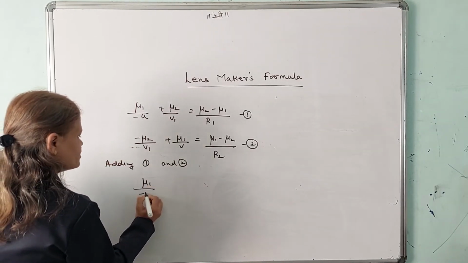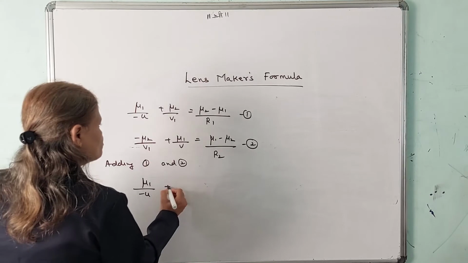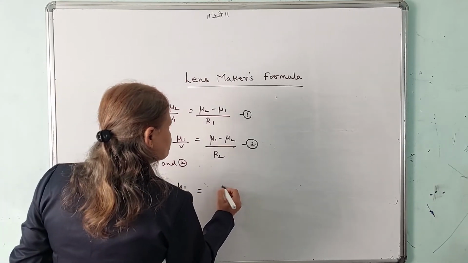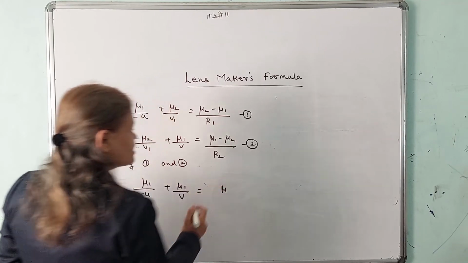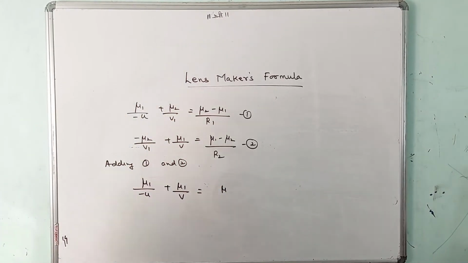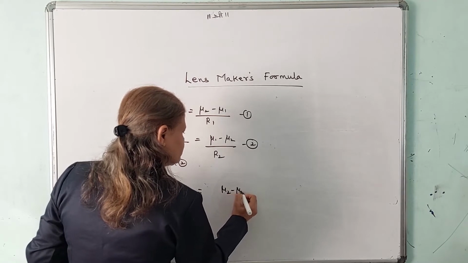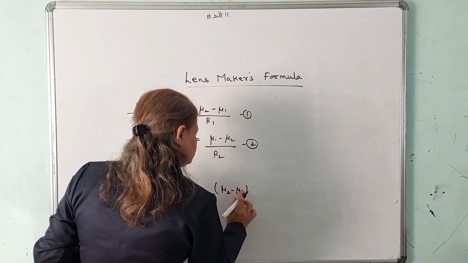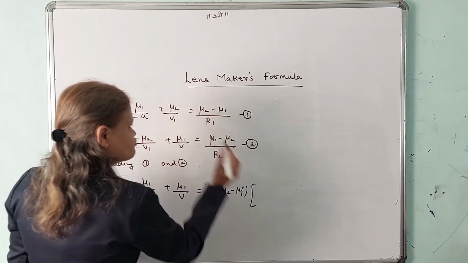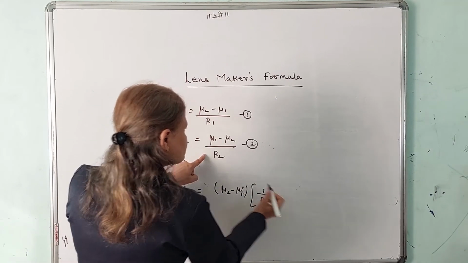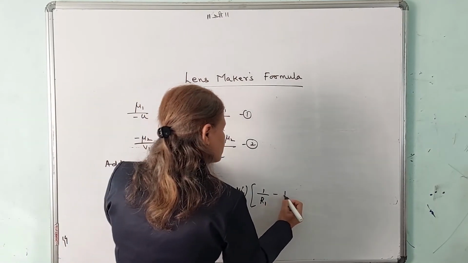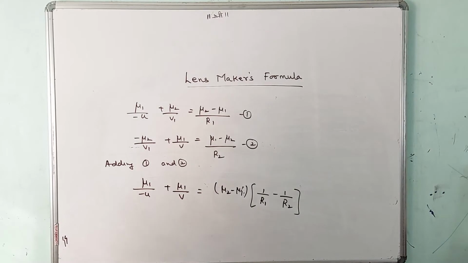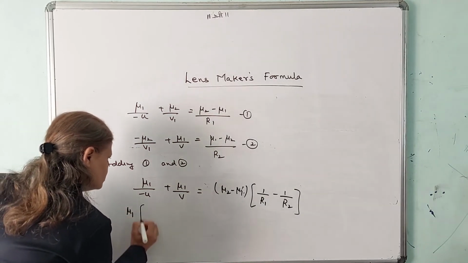So we have mu1 by minus u plus mu1 by v equals, I can take mu2 minus mu1 common in the bracket. Here it will be 1 by r1, and as it is mu1 minus mu2 here, now it becomes minus 1 by r2. I will take mu1 common.